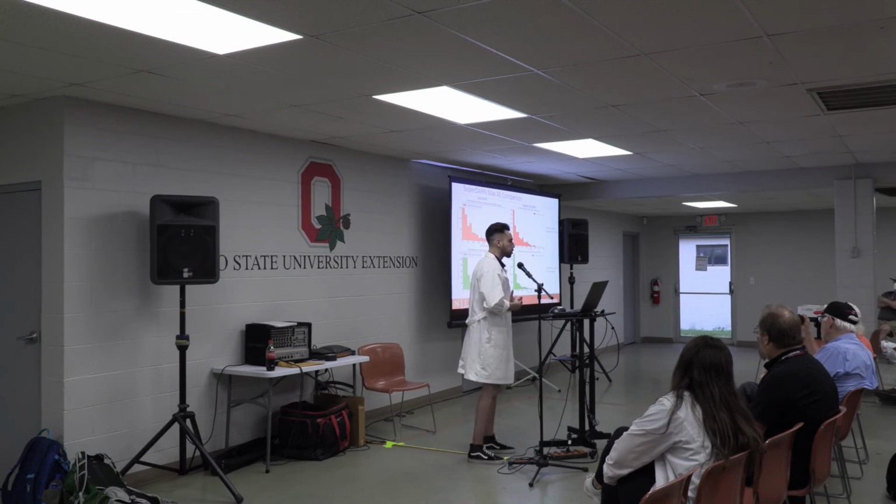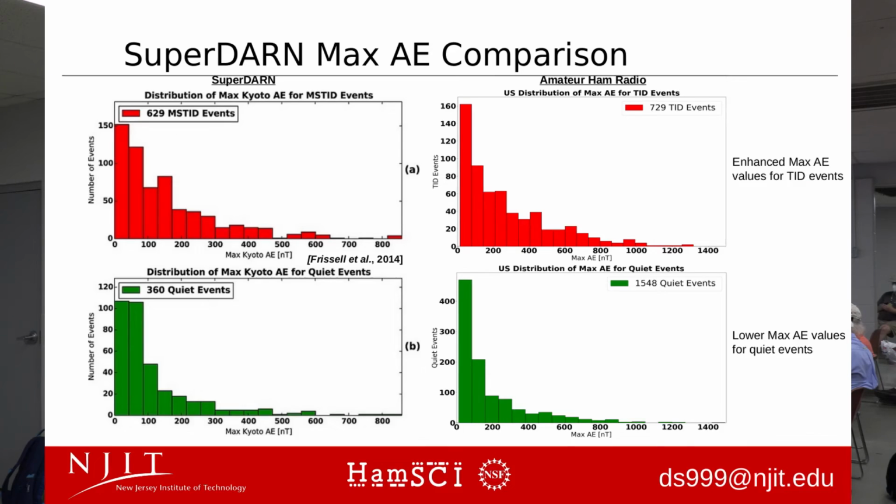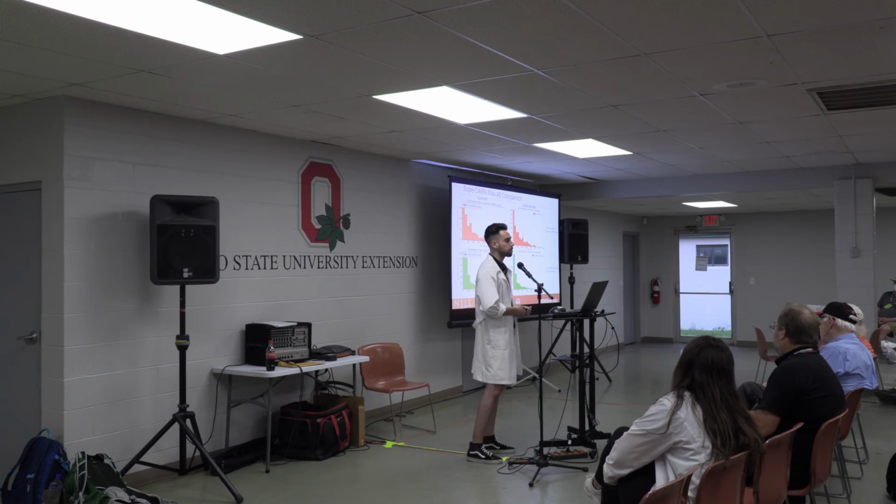And next we started looking for the potential sources for the TIDs that we were observing, and one of the main sources that we're looking at was auroral electrojet indices. So we have here the Max Kyoto AE index. This is again from Nathaniel Fursell's 2014 paper. He found that there was a slight enhancement.